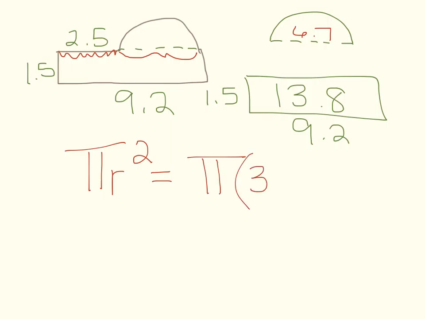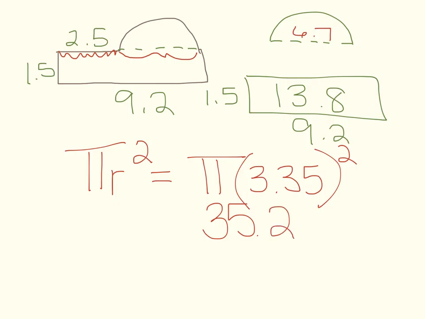So that would be 3.35 squared. So you square 3.35 and then you multiply it by 3.14. And this is going to get you an area of 35.2. But this is for a full circle.